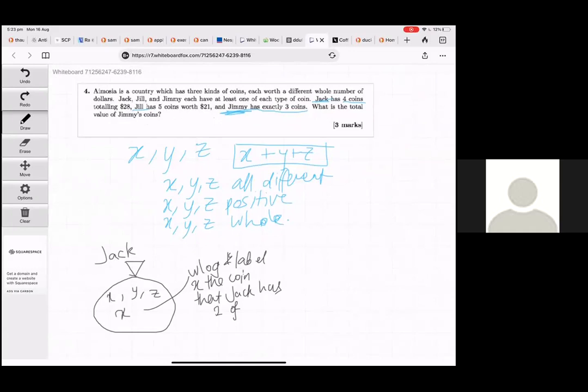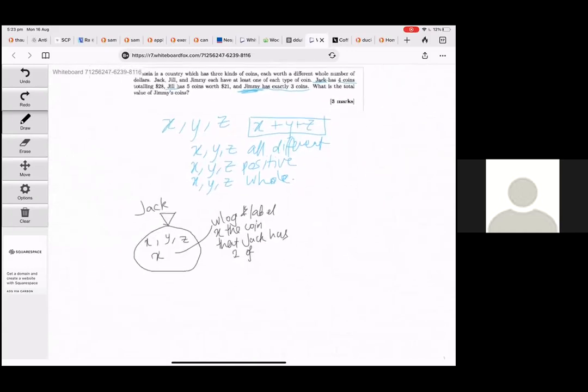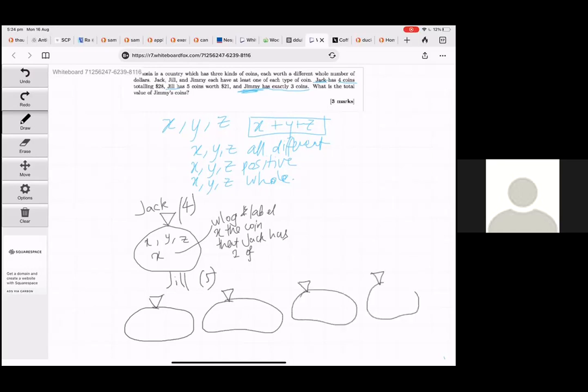Now let's look at what it's possible for Jill to have. So there's a few different scenarios based on this. Jill has 5 coins, right? So what I definitely know is that, and I'm giving a bit of a spoiler, there's 4 cases altogether.